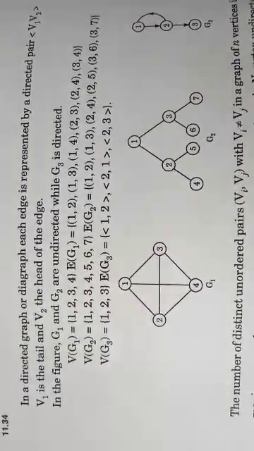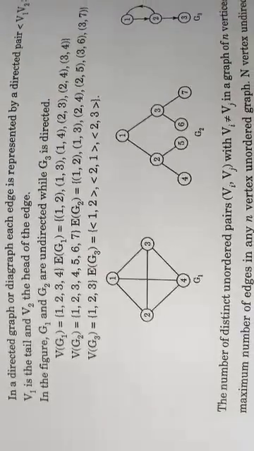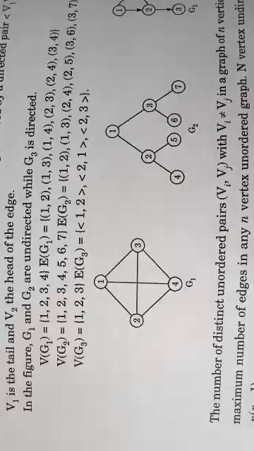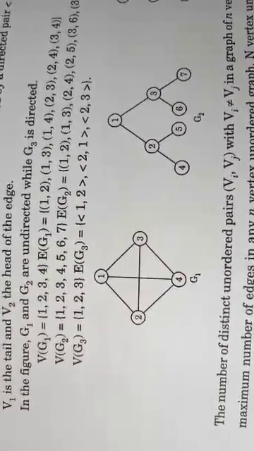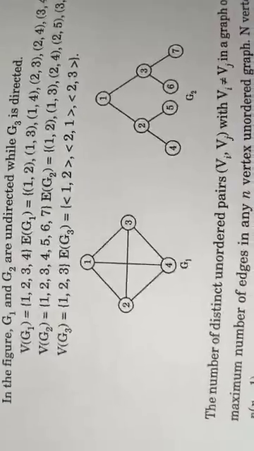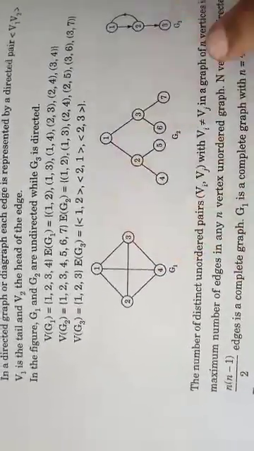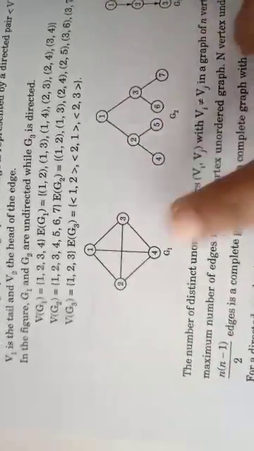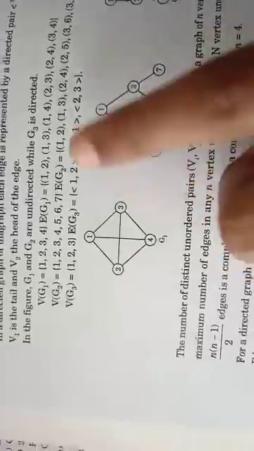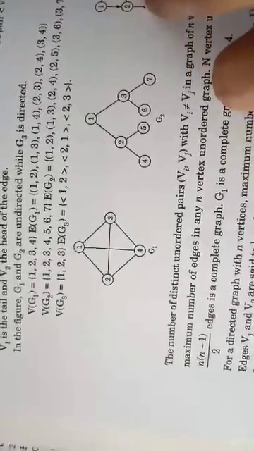V1 is the tail and V2 is the head of the edge. In the figure, G1 and G2 are undirected while G3 is directed. Okay, this one is G1, this one is G2, this one is G3. G1 and G2 are undirected, but G3 is directed.